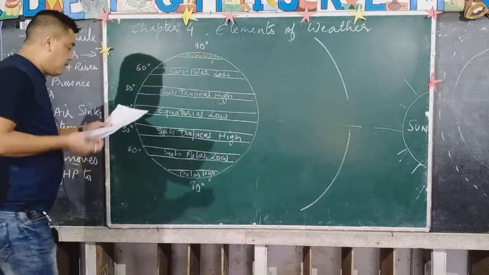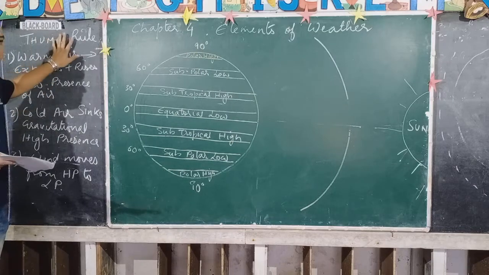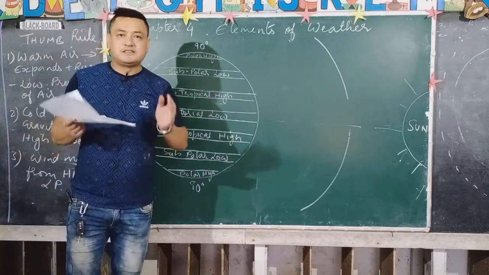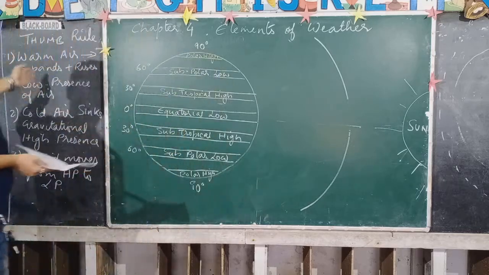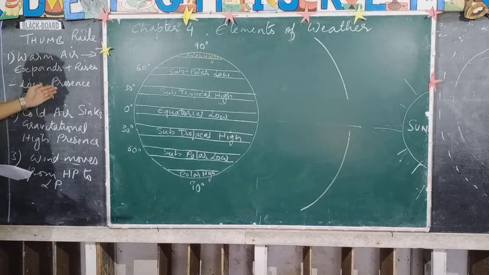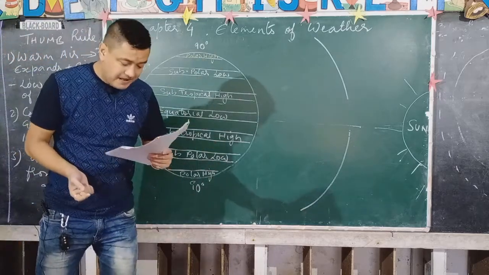So before learning about these pressure belts, we have to understand the thumb rule. In the last video, I have already explained to you about this thumb rule. So warm air rises, expands. There is low pressure of air near the earth, which causes low pressure belts.